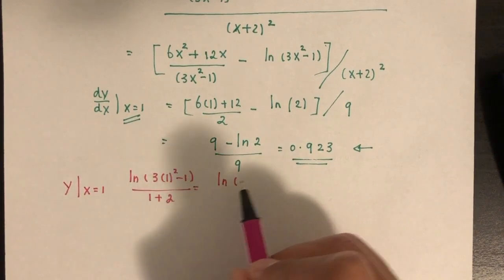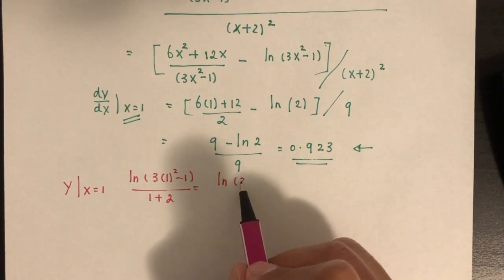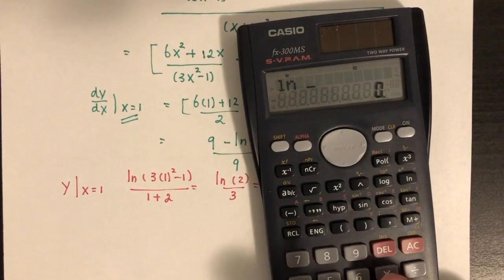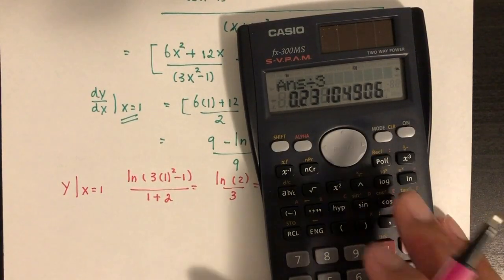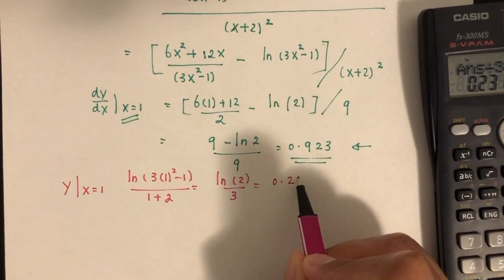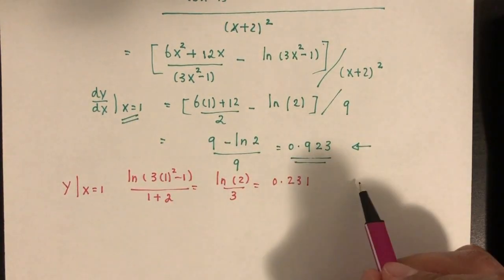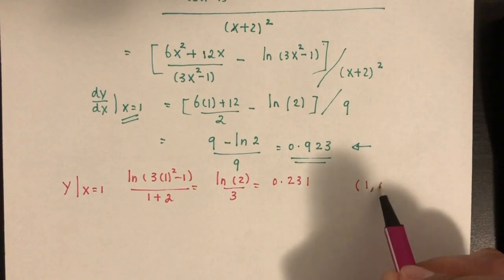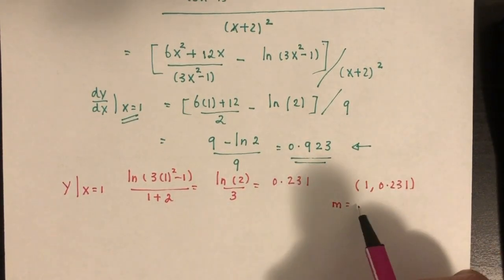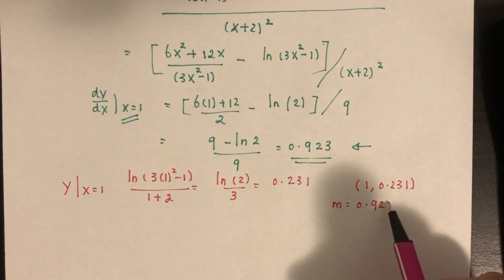Now that will be ln 3 minus 1, which is 2, over 3. ln 2 divided by 3 will be 0.231, correct to 3 decimal places. Okay, so now we have a point where x is 1, y is 0.231, and we have a gradient m equal to 0.923.